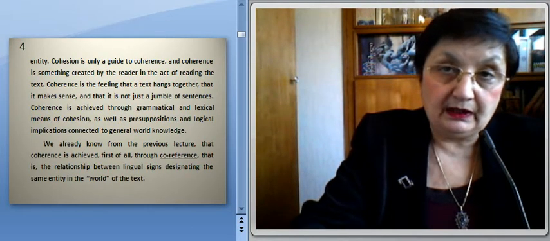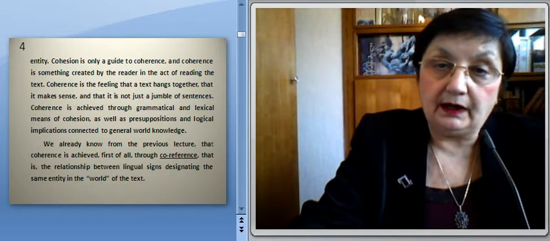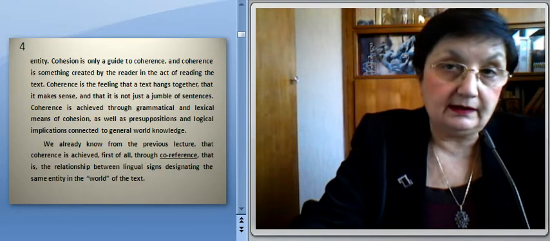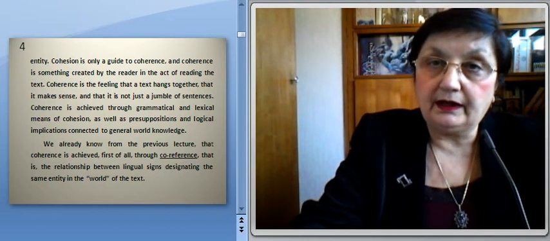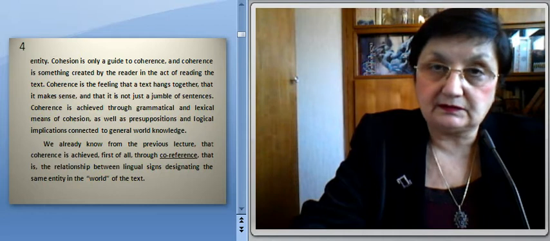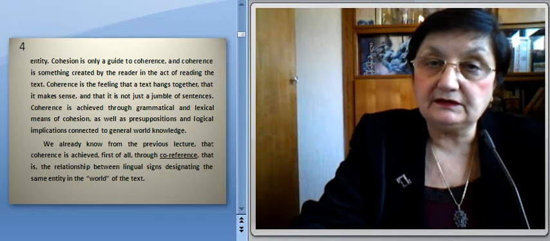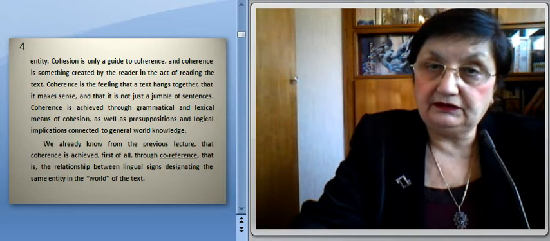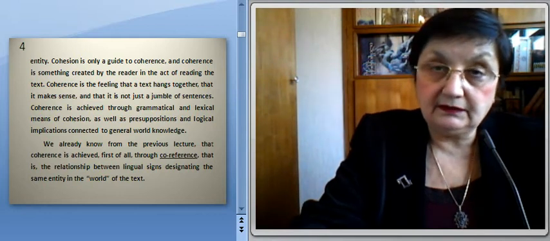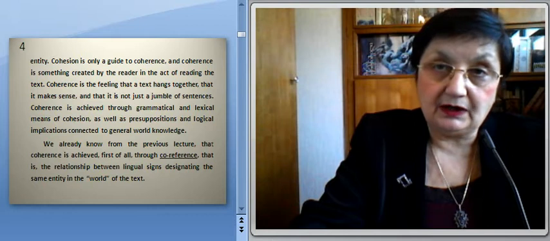Cohesion is only a guide to coherence, and coherence is something created by the reader and the act of reading the text. Coherence is the feeling that a text hangs together, that it makes sense, and that it is not just a jumble of sentences.